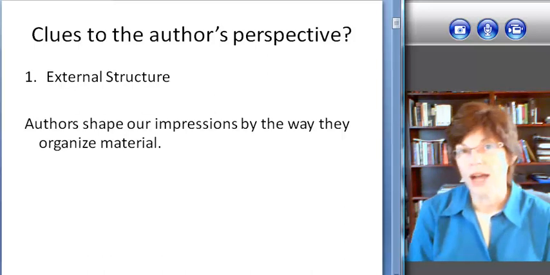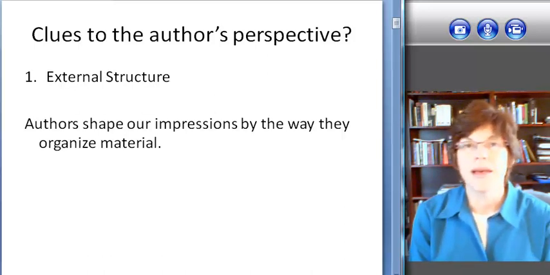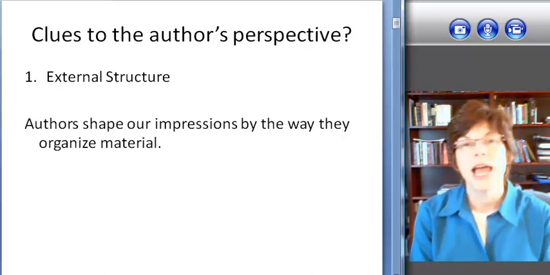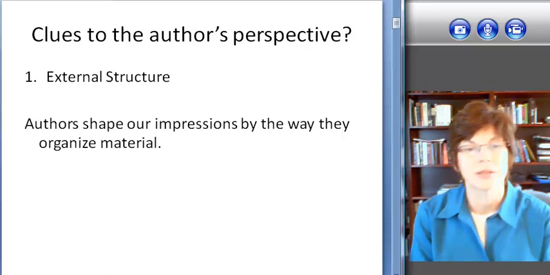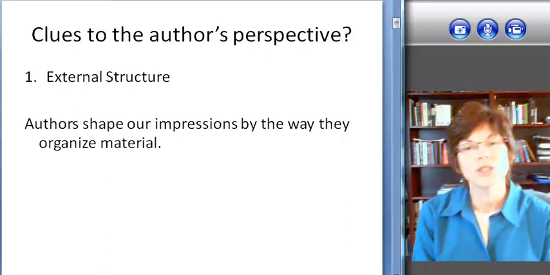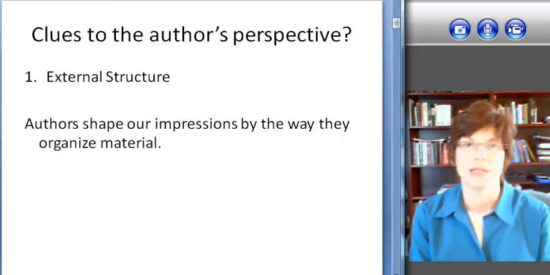How would you find clues to an author's perspective? One method that we've already learned how to use and that you've been practicing is external structure. Think about how external structure, the structure external to a passage, helps you think about the way the author intended that material to be understood. That is, authors shape our impressions by the way they organize material.